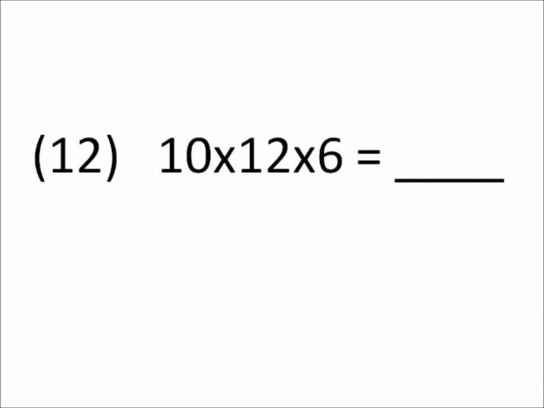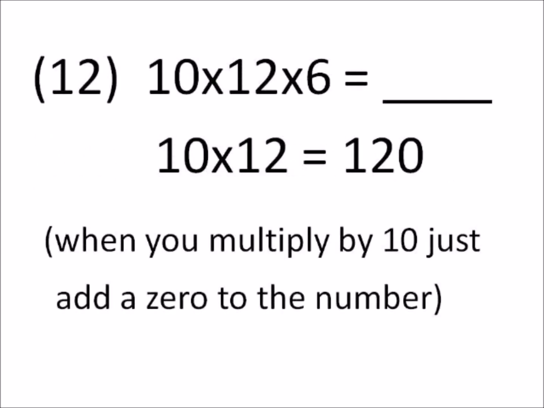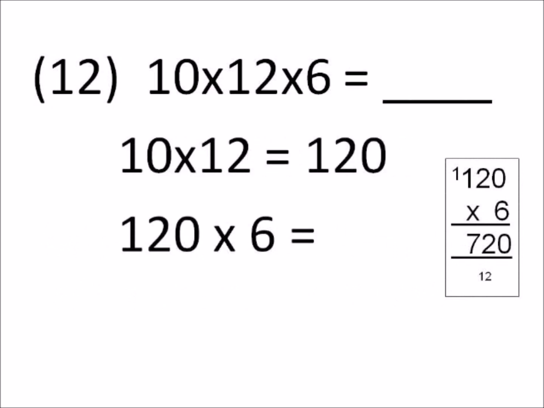Number 12. 10 times 12 times 6. So you have to multiply twice. So let's do the first part, 10 times 12, get the answer, and then multiply the answer by 6, and then get the final answer for this. So 2 steps involved. Multiply 10 times 12, you get 120. How? When you multiply by 10, just add a 0 to the number. So 10 times 12 is 120.